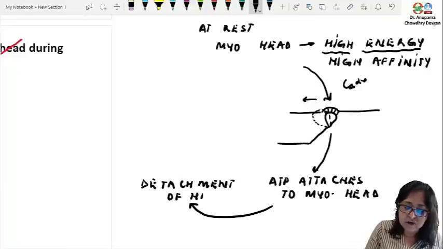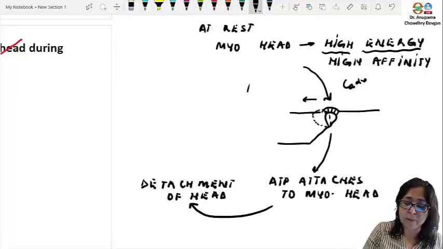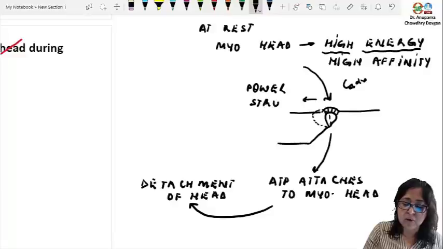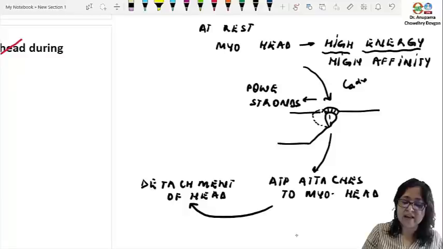Where was energy used? In what is known as the power stroke, when the myosin head bends towards the tail and pulls actin along with it. Energy was used for the power stroke.